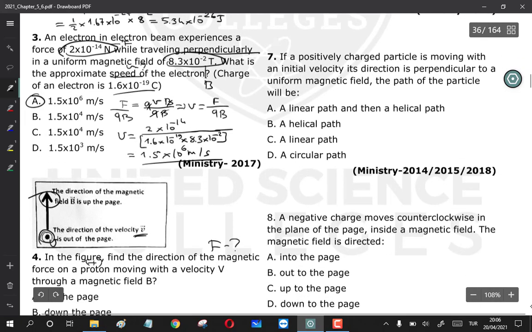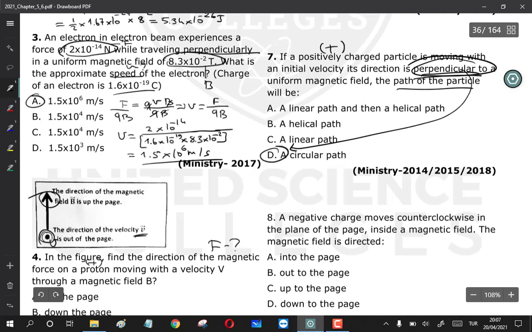Question number 7. If a positively charged particle is moving with an initial velocity whose direction is perpendicular to a uniform magnetic field, the path of the particle will be a circular path. If it is moving perpendicular to a magnetic field, it's going to be a circular path.